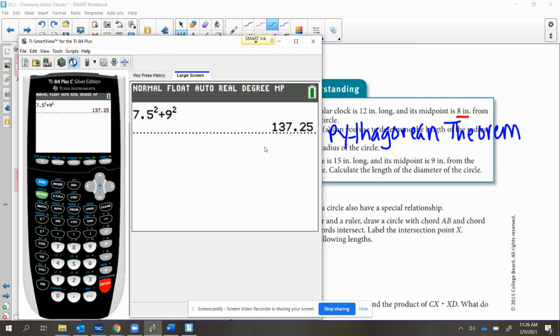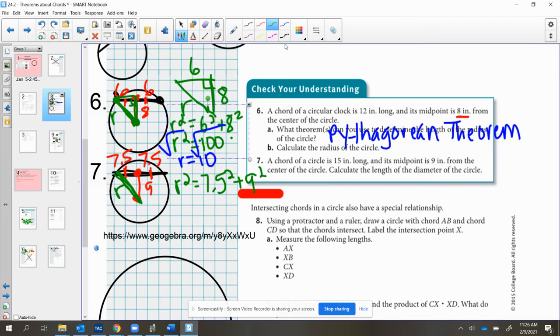And if we square root this value, we get 11.7 as our approximate length of our radius. Now, we have to be careful though, because this one wants the diameter of the circle.